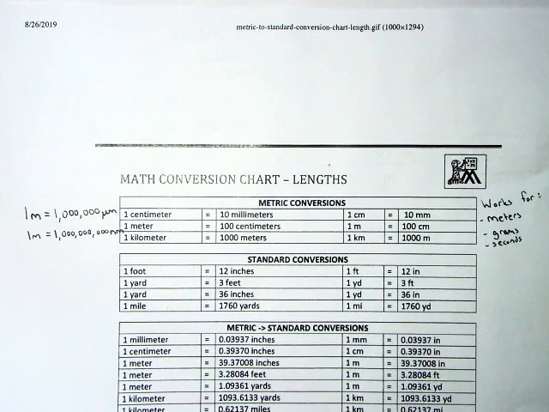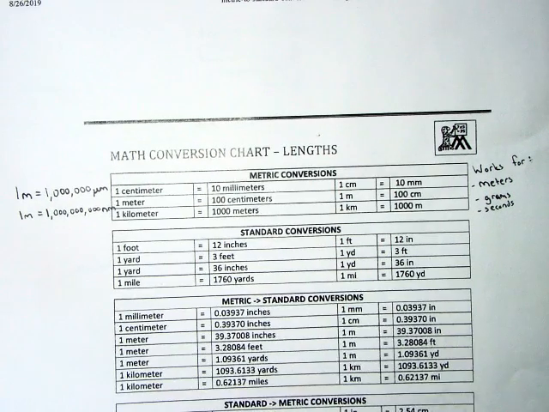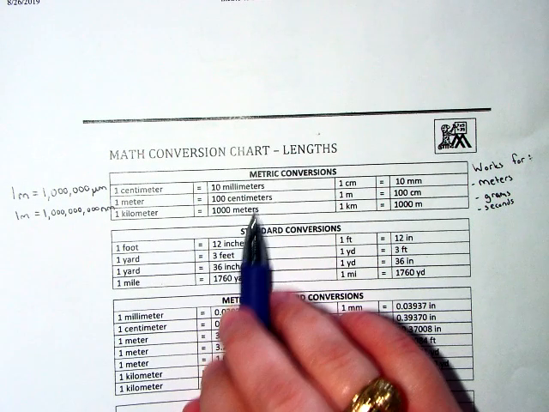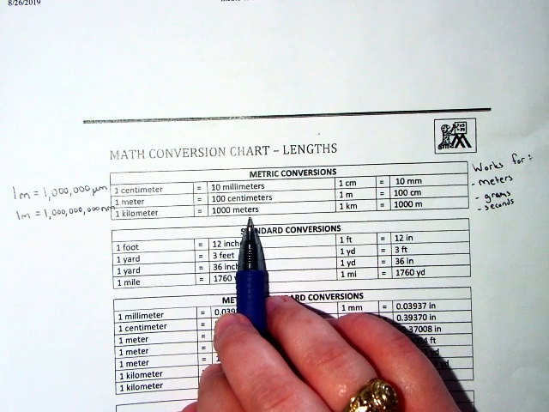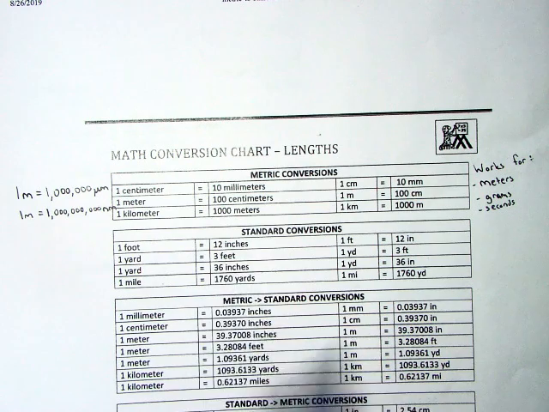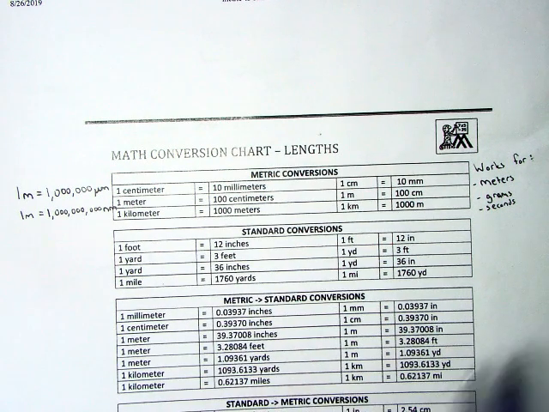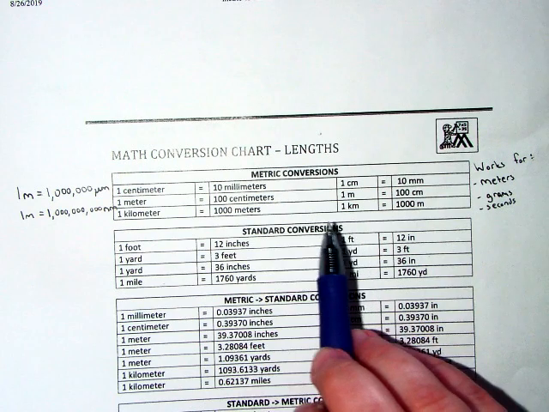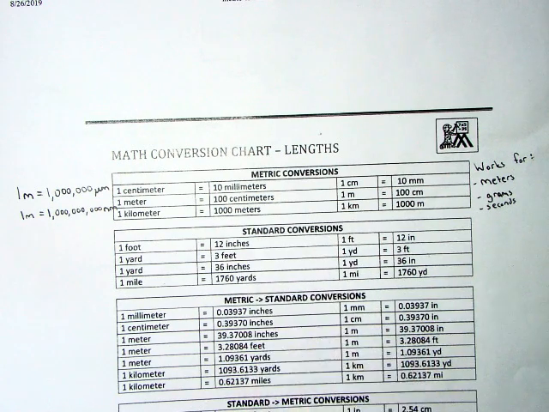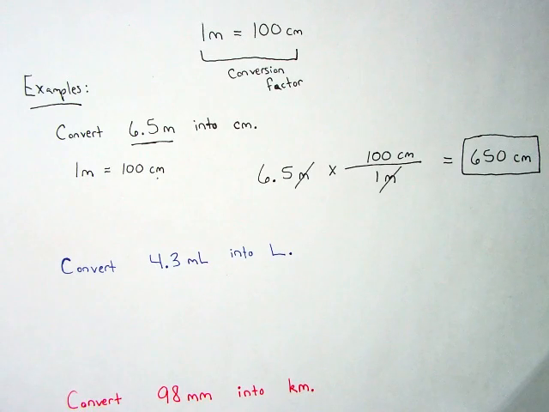For now, on mine, I don't have a separate one for meters, liters, and grams. But I can use this same thing since they're all metric: 1 base unit is equal to 1,000 of the small units. Okay?